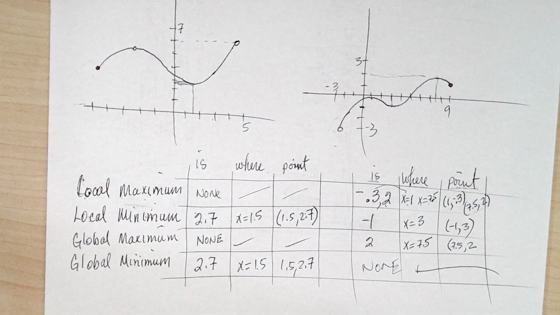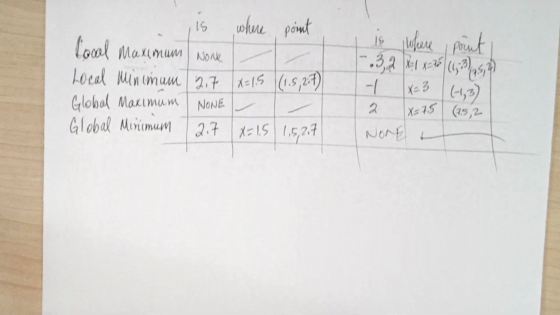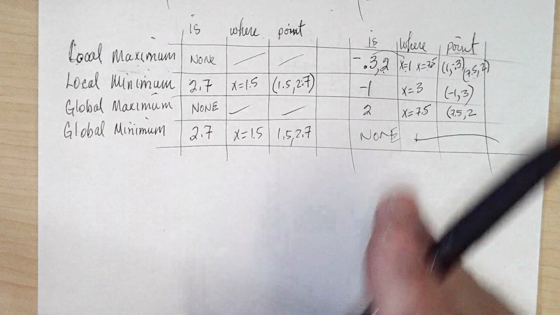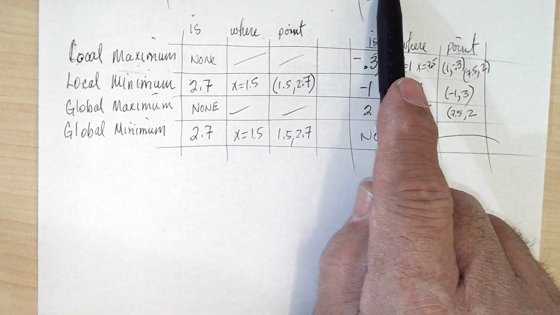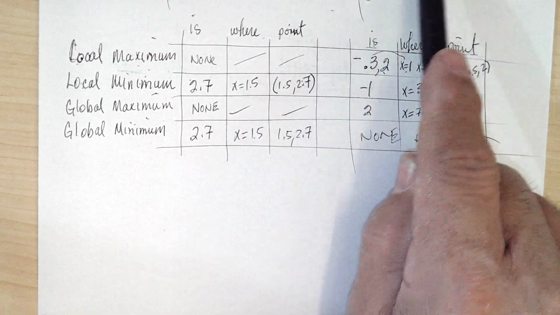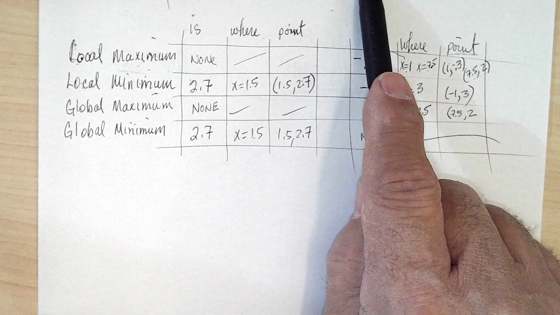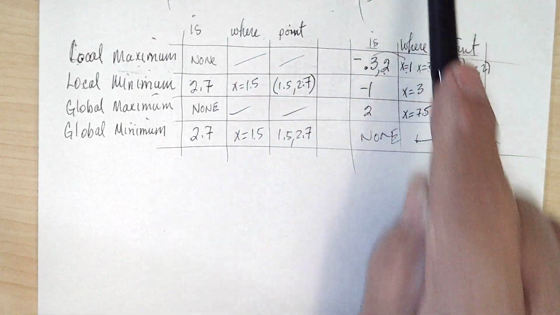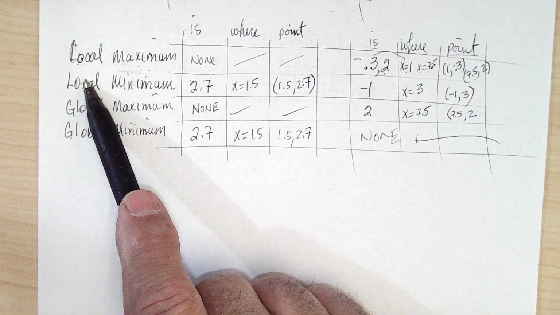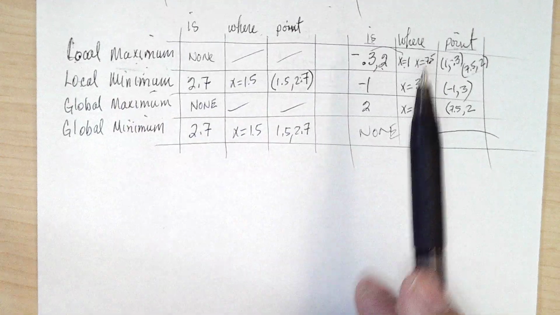Could there be more than one global min or max? Well, we had only one here. We had two local maxes, and you can have 2 or 3 or 4. You can have multiple local maxes and local mins.